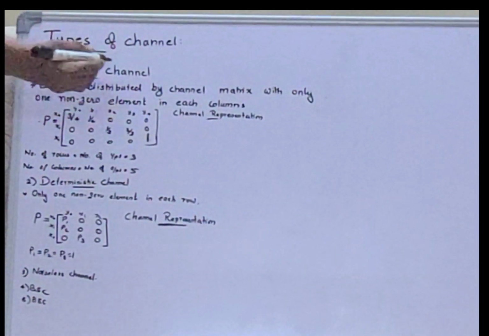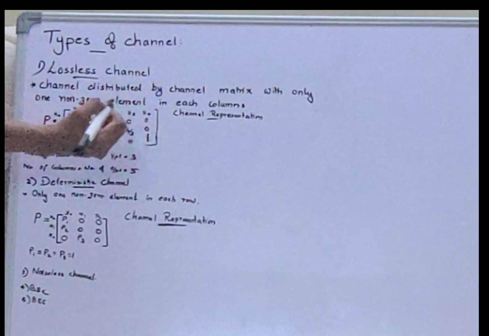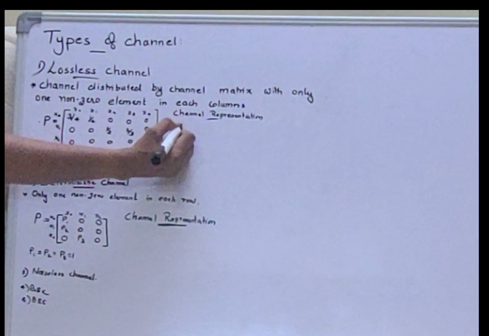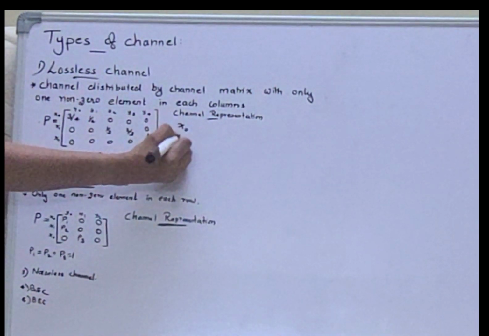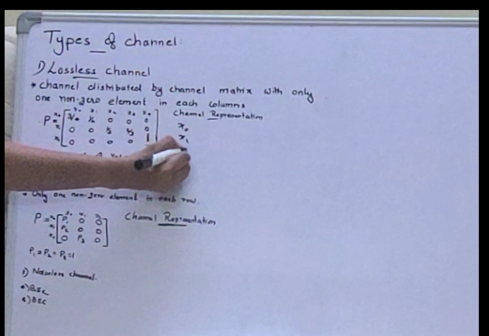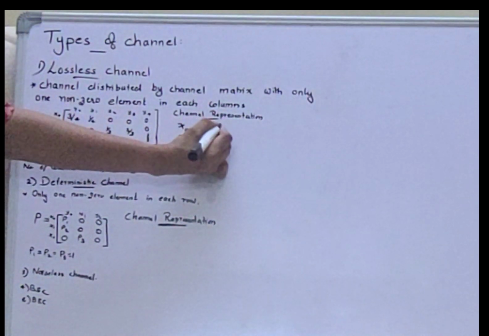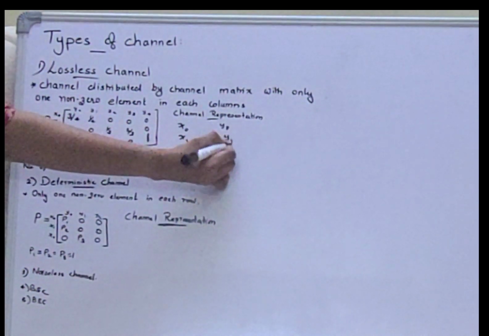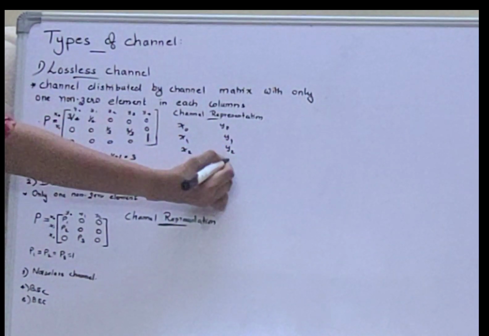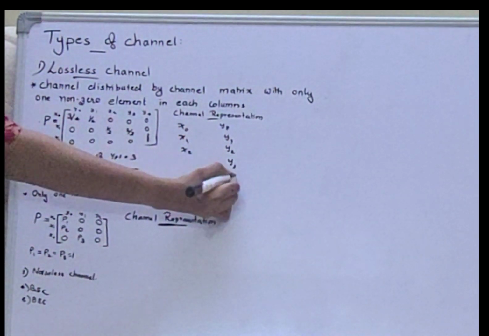Now we want to construct the channel representation. We have inputs x0, x1 and x2, and outputs y0, y1, y2, y3, y4.